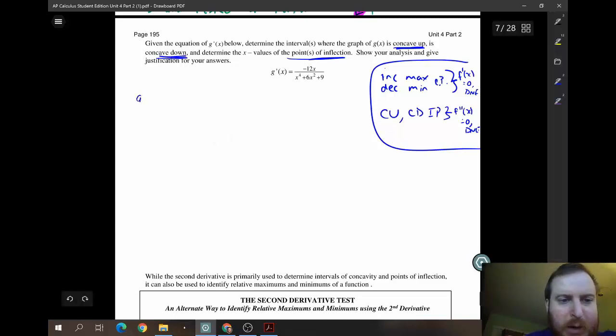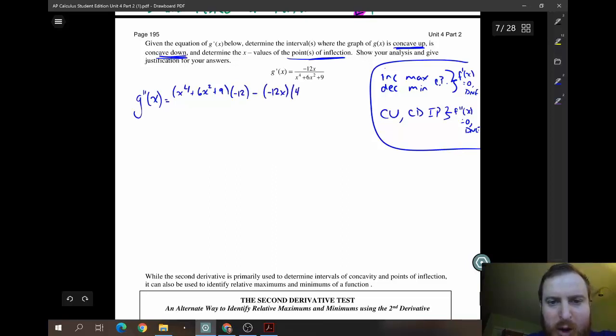So g double prime of x. This is a fraction, so we're going to have to do quotient rule. Low, and low is x to the fourth plus 6x squared plus 9, times d high, the derivative of negative 12x, which is negative 12, minus high, d low, 4x cubed plus 12x, all over low squared.